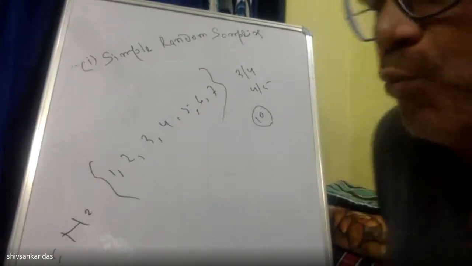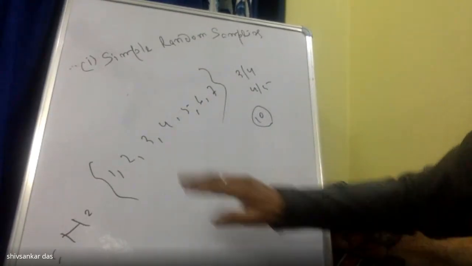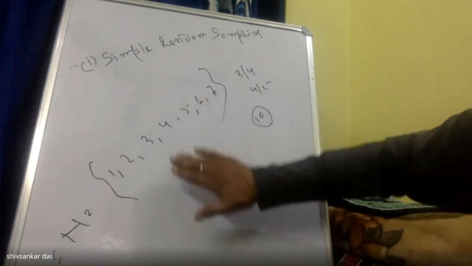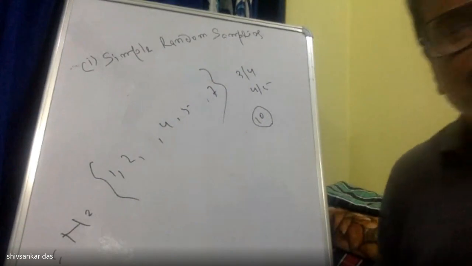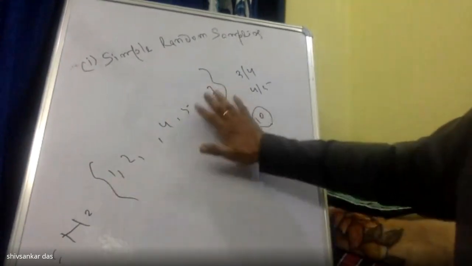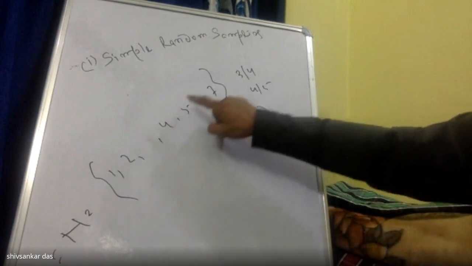I want to draw 2 numbers. By closing my eyes, I can draw 3 and 6. I draw one sample from this population having the elements 3 and 6.